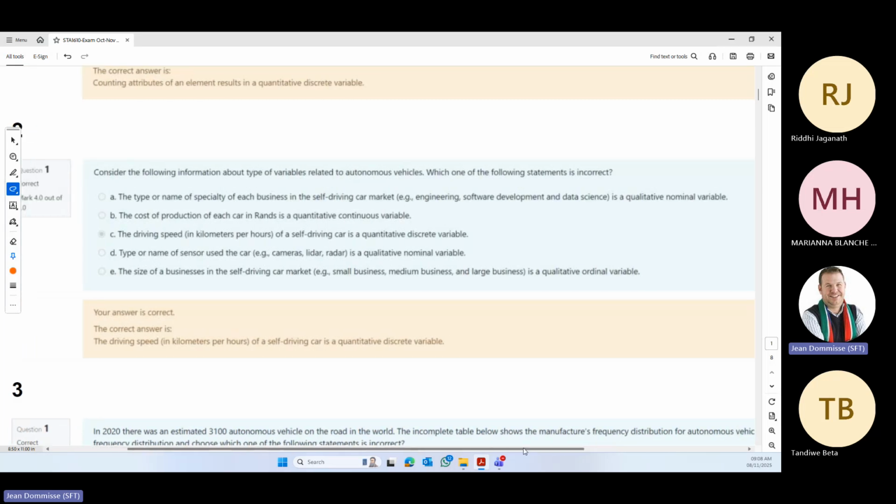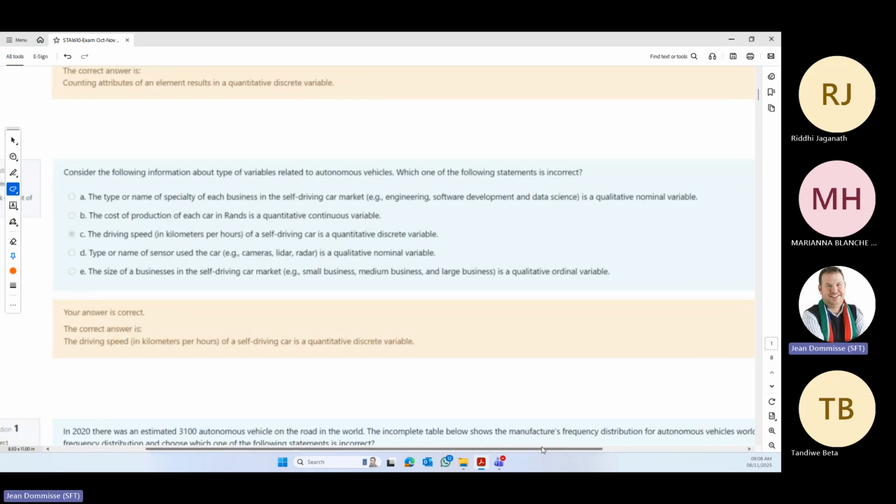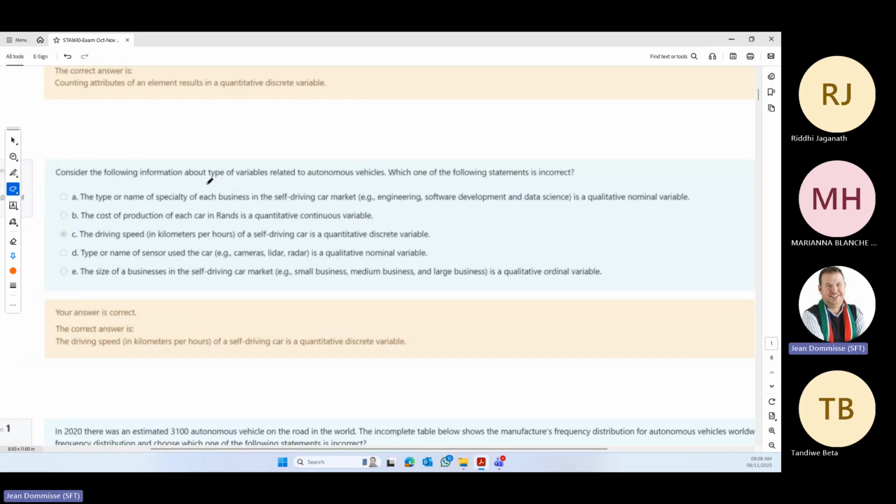Let's see. Consider the following information about types of variables related to autonomous vehicles. Which one of the following statements is incorrect?